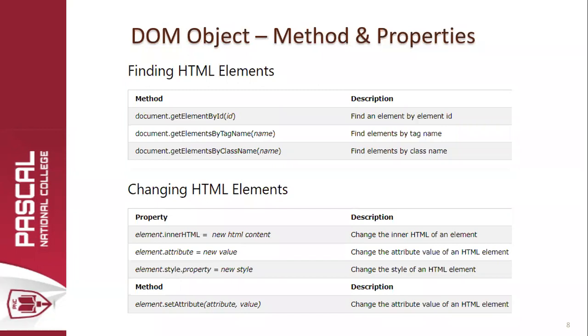Similarly, if you want to affect the styling part of your HTML element, you can directly refer to it as style.property, and you can set the new style value. Similarly, if you want to set a new attribute, then you can do it with setAttribute. For this, you need to pass your attribute and value. So this will make some changes on the HTML elements.